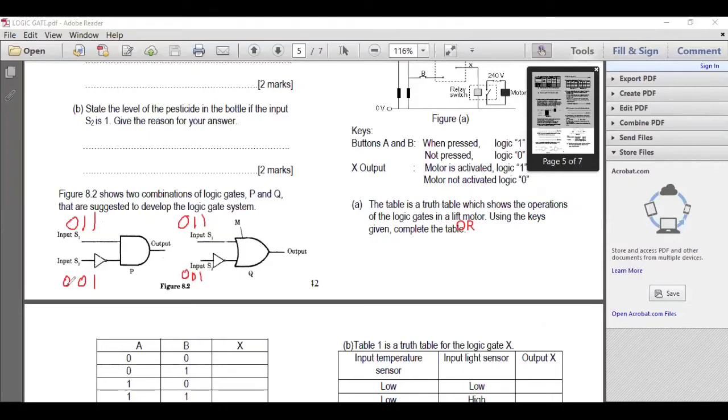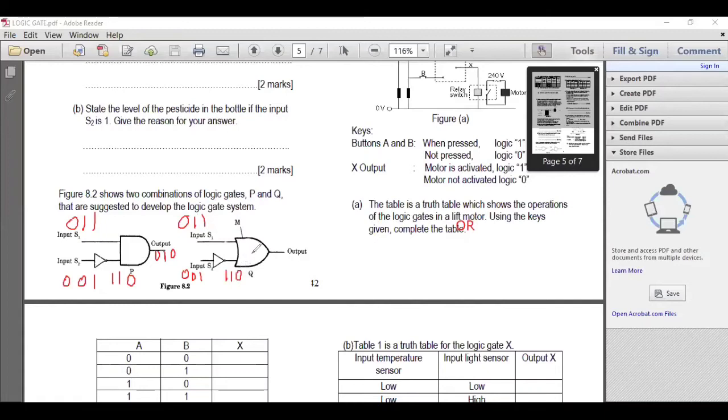This one has to pass through the NOT gate, so 0 becomes 1 and 1 becomes 0. Then through the AND gate: 0 times 1 is 0, 1 times 1 is 1, 1 times 0 is 0. And for this one it becomes 1, 1, 0.